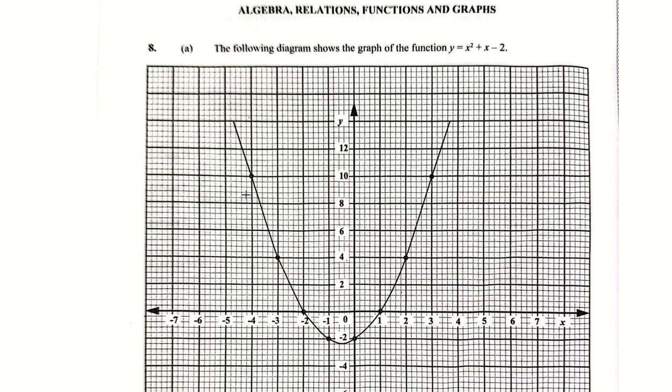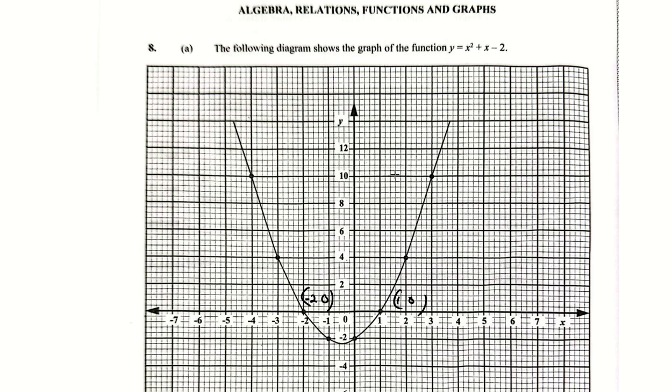Whenever I see something, I like to see what I can get from it. I know that when x is negative 2, y is 0. So the solutions, when y is 0, are negative 2, 0 and 1, 0.